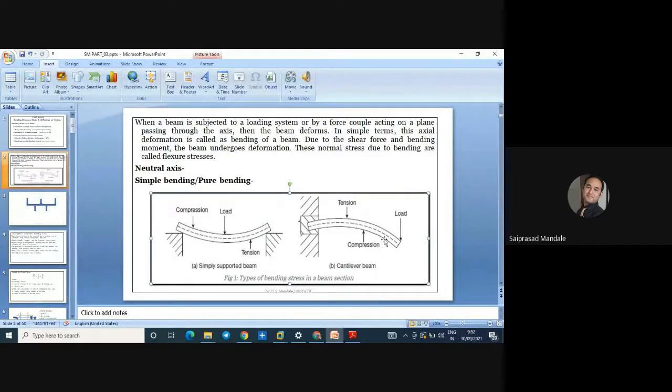The point is, if you observe this beam, which turns its shape into the U shape, what happens here? In that case, the upper layer is subjected to compression, whereas the bottom layer is subjected to tension. I'm talking about the layers.